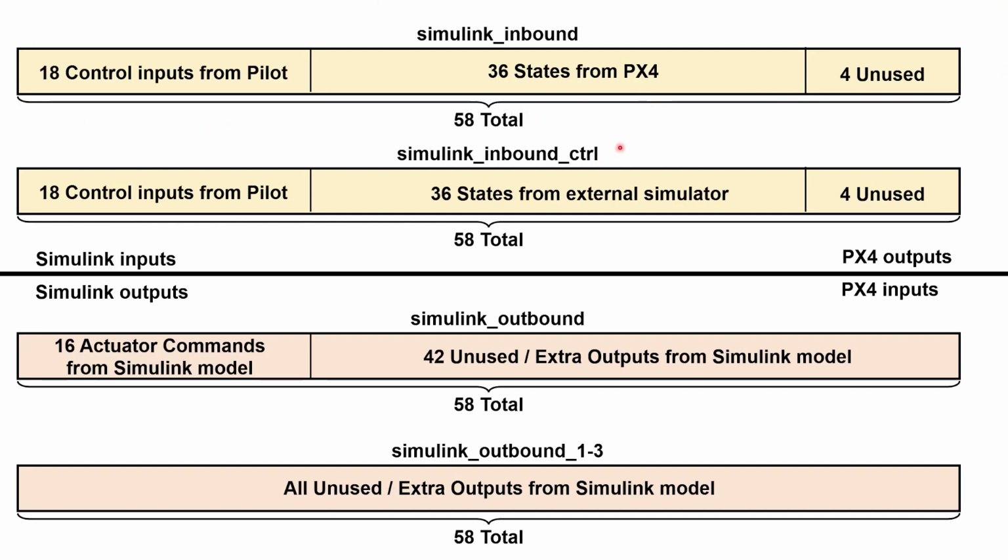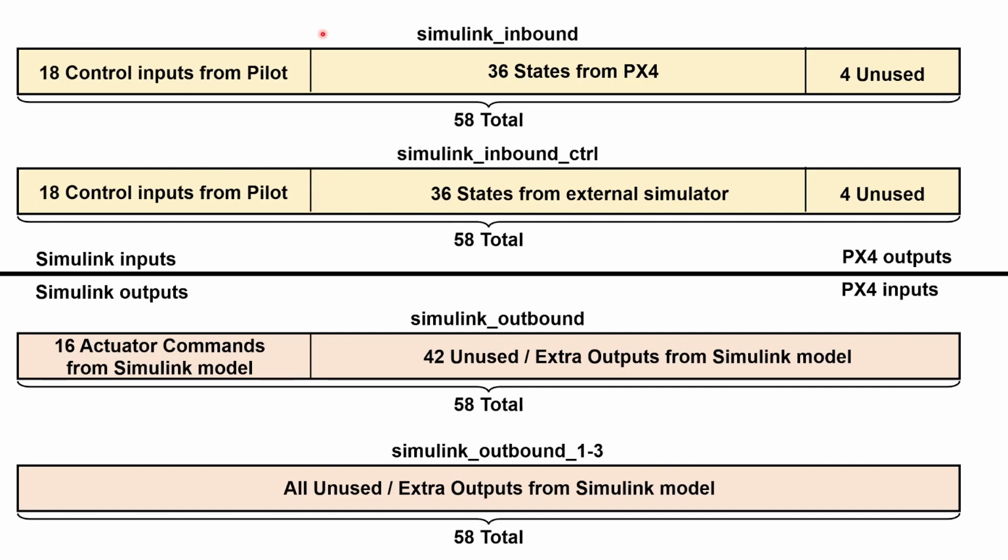So that can be configured separately. Technically, this is also optional. When we're flying, we should not be using the Simulink inbound control message, although it does allow you some of the optional stuff to be assigned to it. The way it's used in flight is we don't actually assign any states. We don't care. These can be anything.